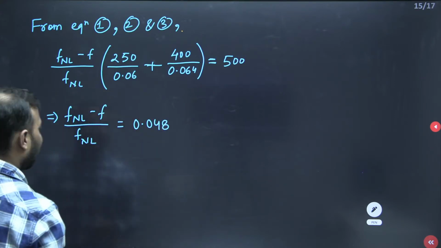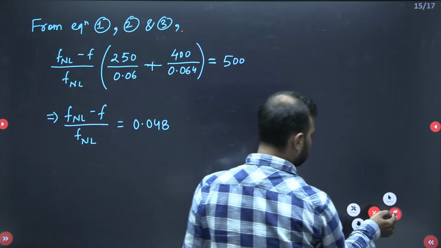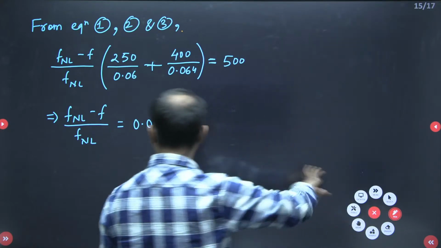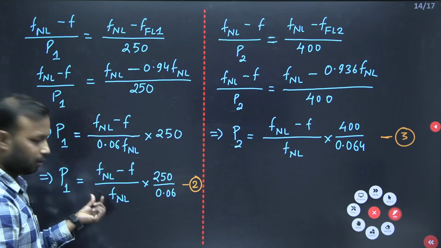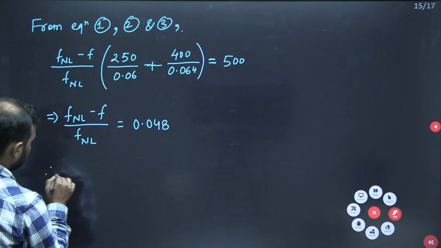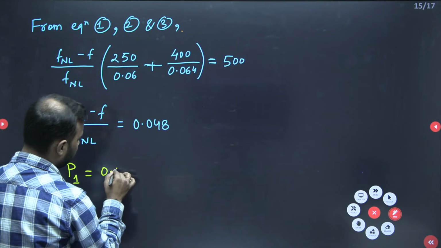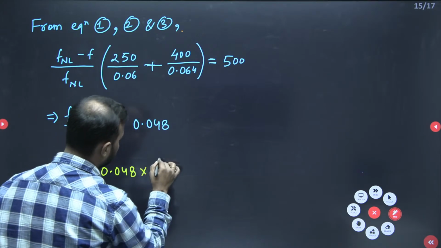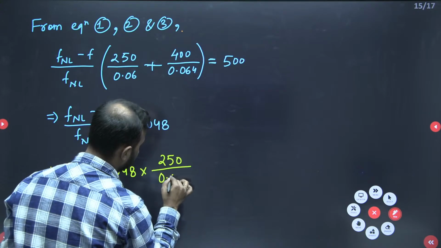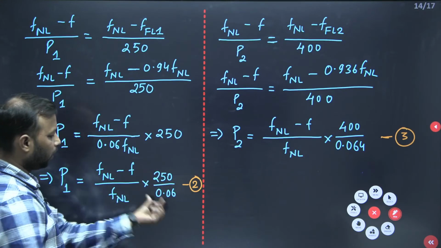Any doubt till this point? Anyone is having any doubt? Please do let me know. So what after this? I need to calculate P1, right? P1 is this expression. Therefore, P1 is equal to 0.048 into 250 divided by 0.06.